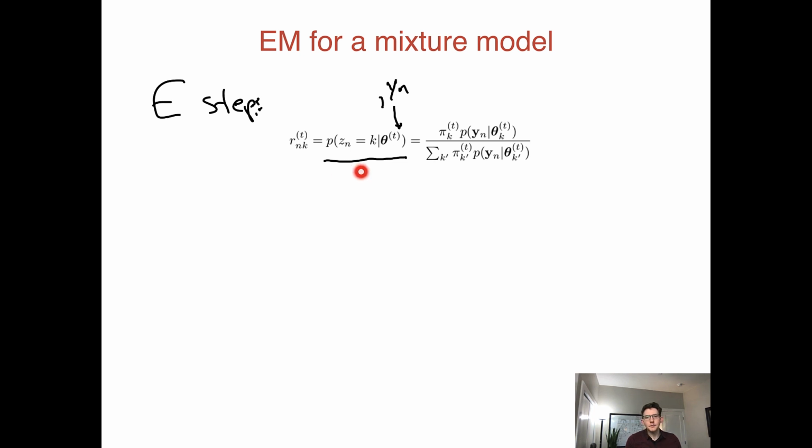Okay, so that's our E step. Pretty easy, especially easy because z of n is a discrete value. So we can just explicitly evaluate this numerator, then sum to get the denominator and divide.